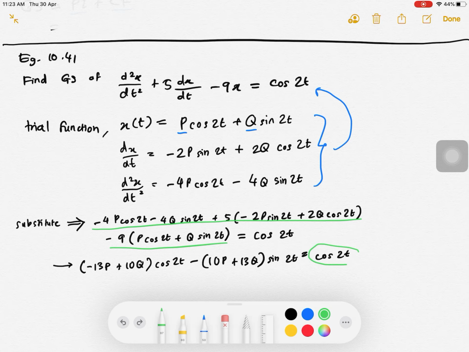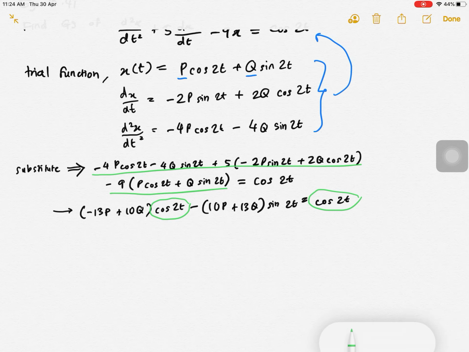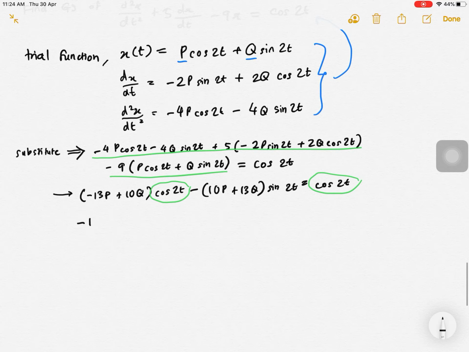Since on the right hand side we only have cos 2t, we consider the cos 2t at the left hand side. From there we can conclude that negative 13p plus 10q is equal to 1.